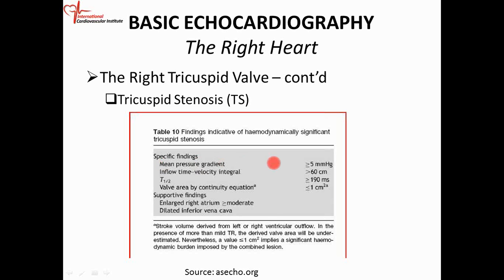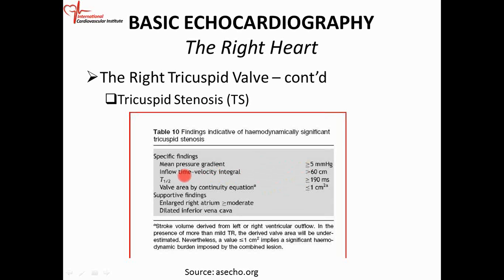The mean gradient is going to be more than 5, so it's different from mitral stenosis. Mitral stenosis has to be greater than 10, but pressures on the right side tend to be less. So for significant or severe tricuspid stenosis, we talk about a mean gradient greater than or equal to 5.